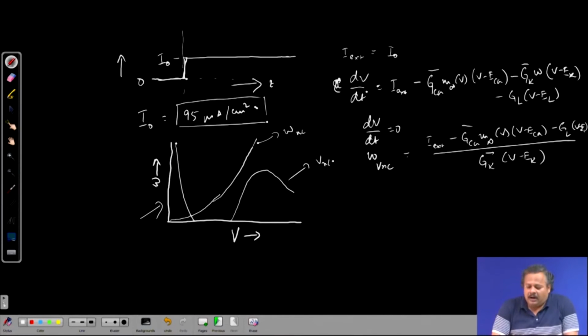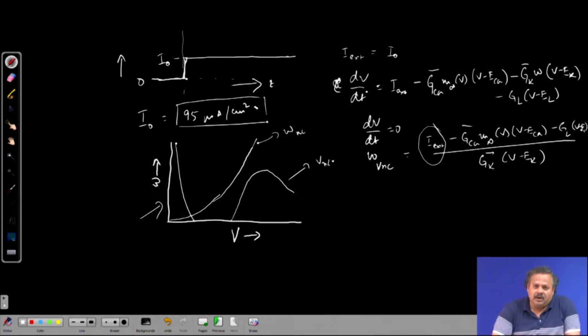Earlier this I external was 0. So, that makes a difference in the nullcline, and now the equilibrium point is not at the V rest that we had before; it has moved away from there.